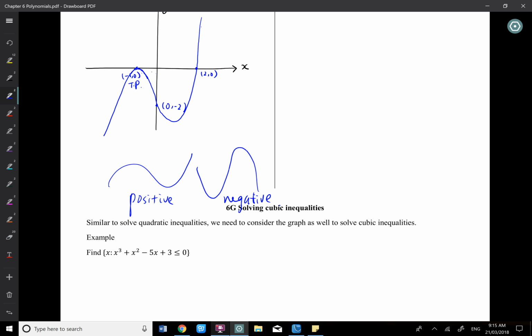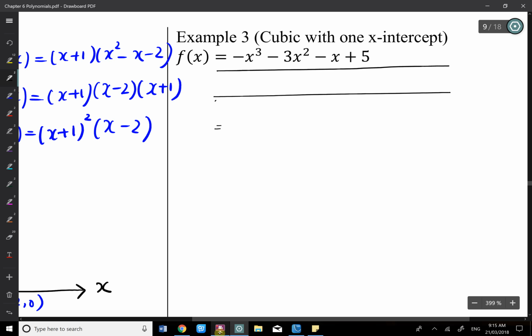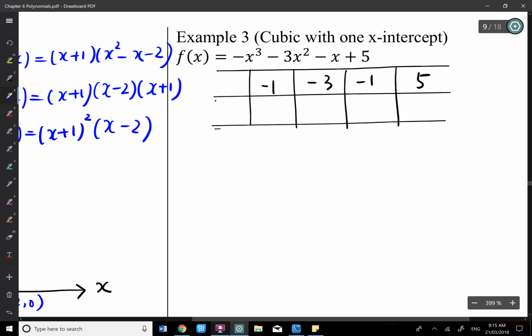If we factorize the next one, okay, we have -1, -3, -1, and 5. Okay, we try a number. Let's try just 1.